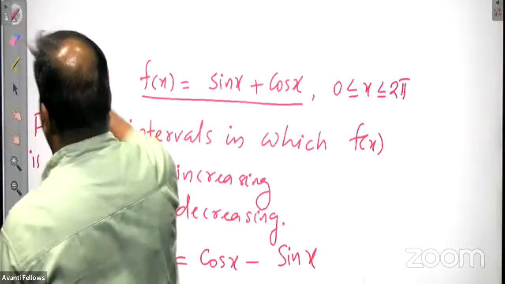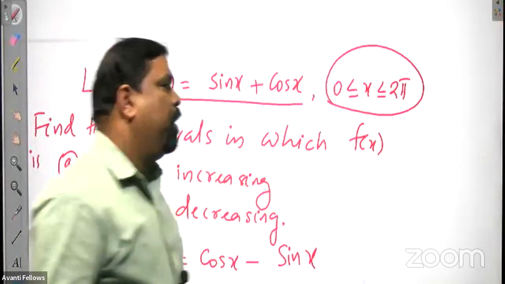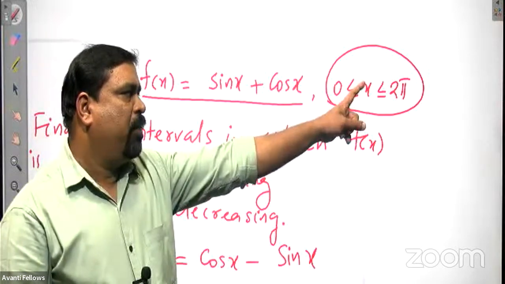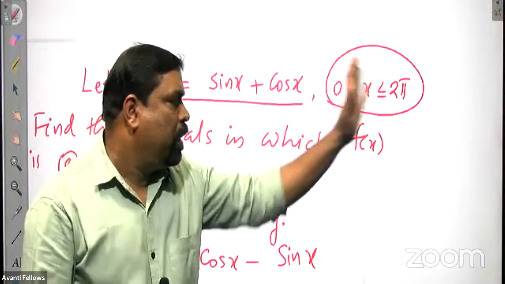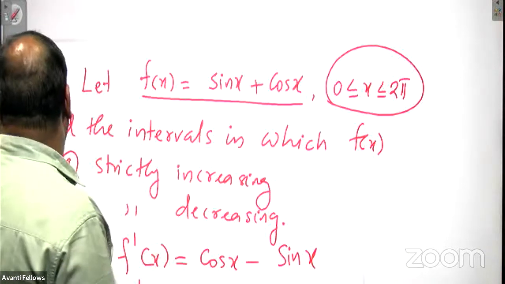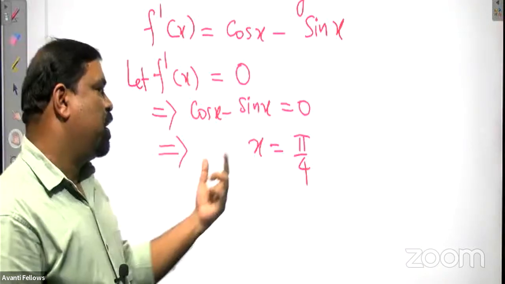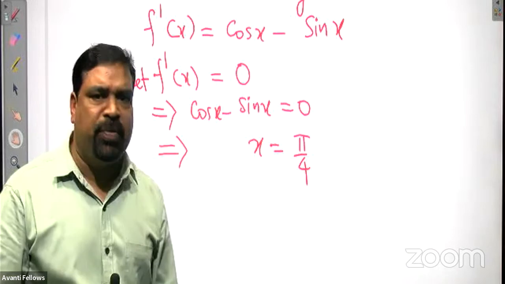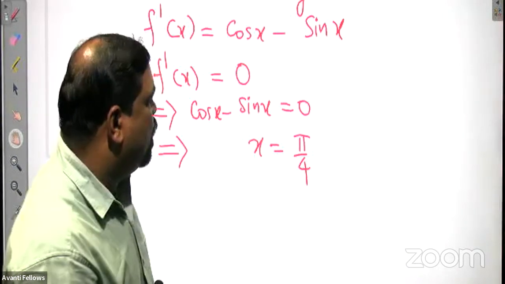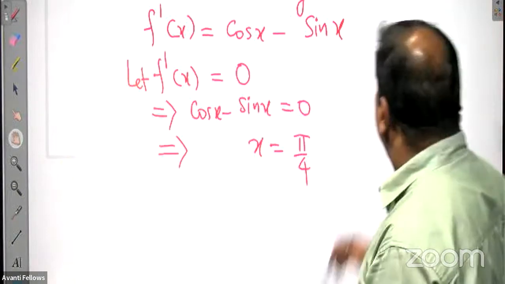So we have to see only the critical points in the given specified interval, 0 to 2 pi. In that interval, what are the values of x satisfying tan x equals 1? One value is pi by 4. Any other value?